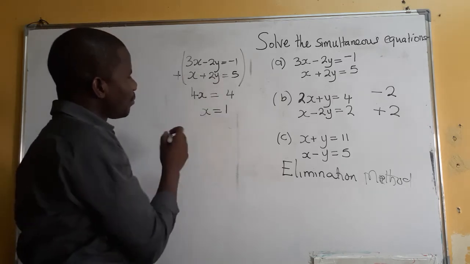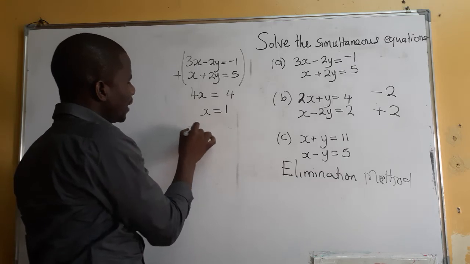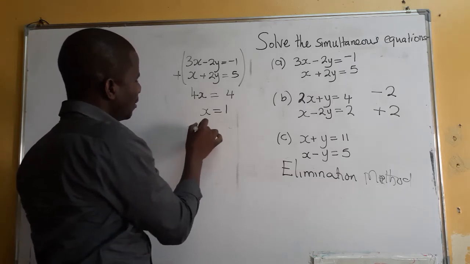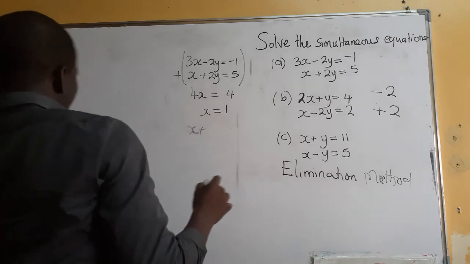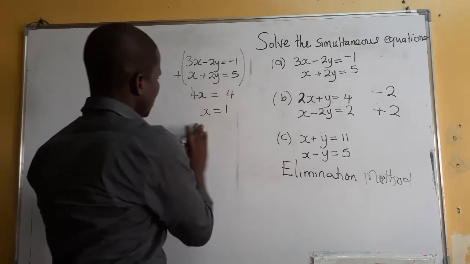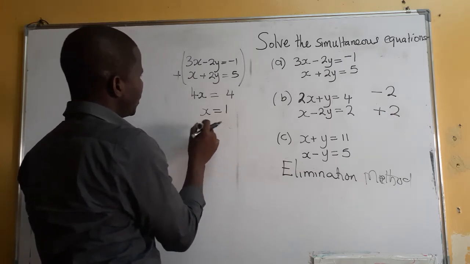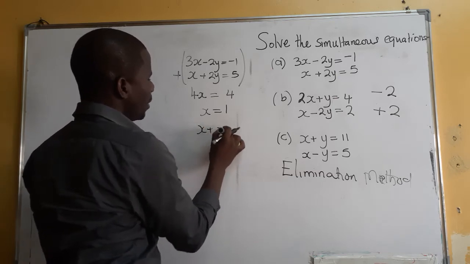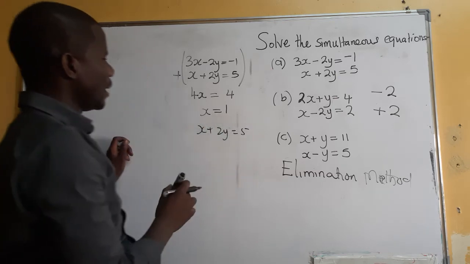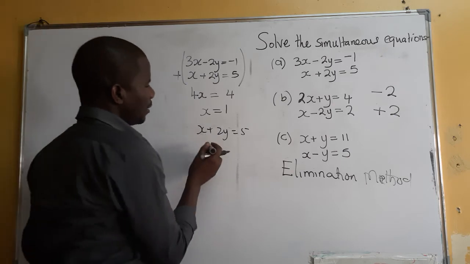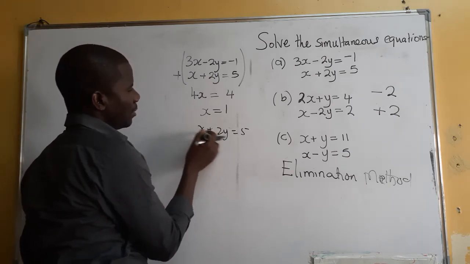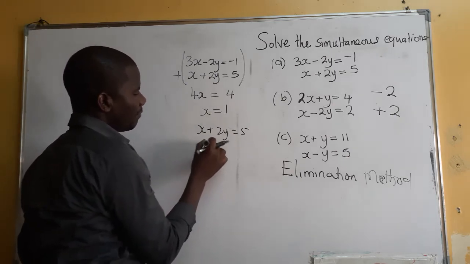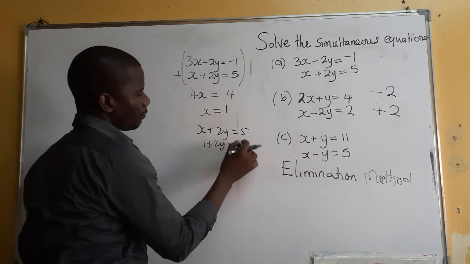So let's take the second one: x plus 2y is equal to 5. Meaning we need to put 1 here. So we have 1 plus 2y is equal to 5.